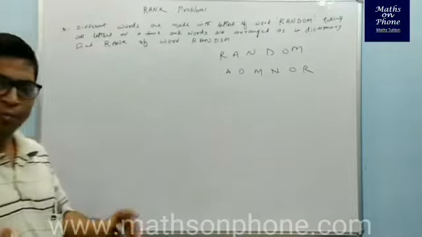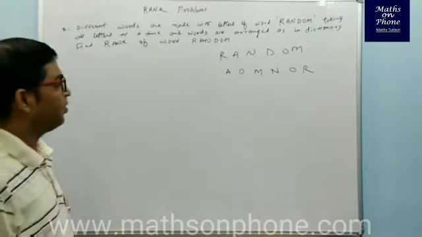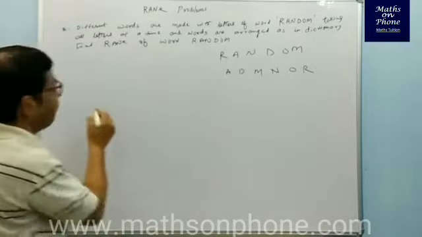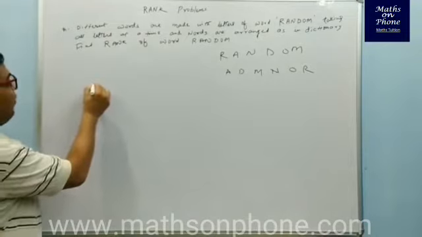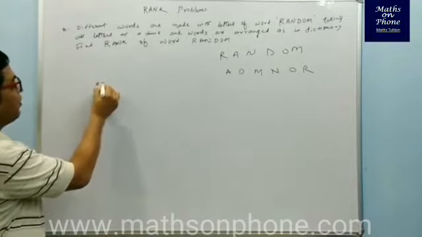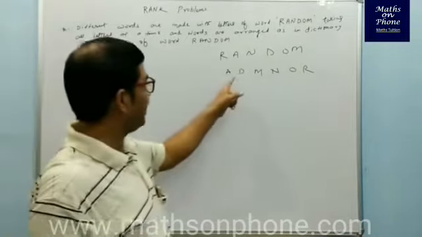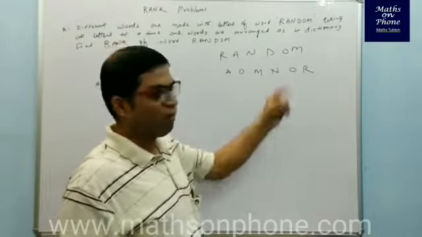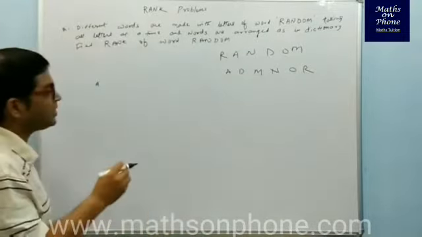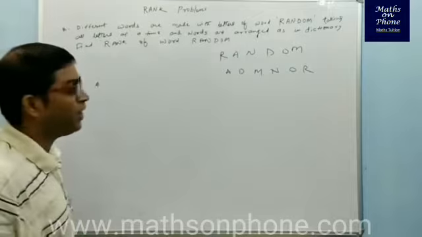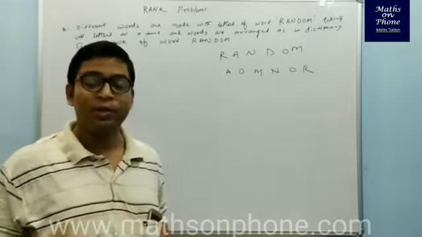Now the technique is that you take the first letter at the first place. If you fix A at the first place, the remaining 5 letters, 1, 2, 3, 4, 5, can be arranged in 5 factorial ways. Why am I telling you this?